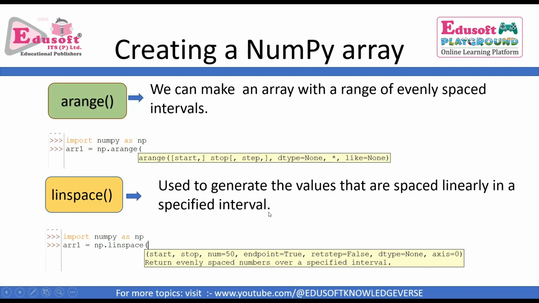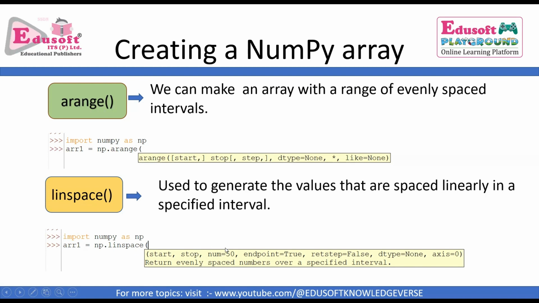What if I want to create an array whose elements range between 0 and 100, and I want my array to have 50 elements, or 40 elements, let's say. So what do I have to pass? As start, I have to give 0. For stop, I have to pass 100.